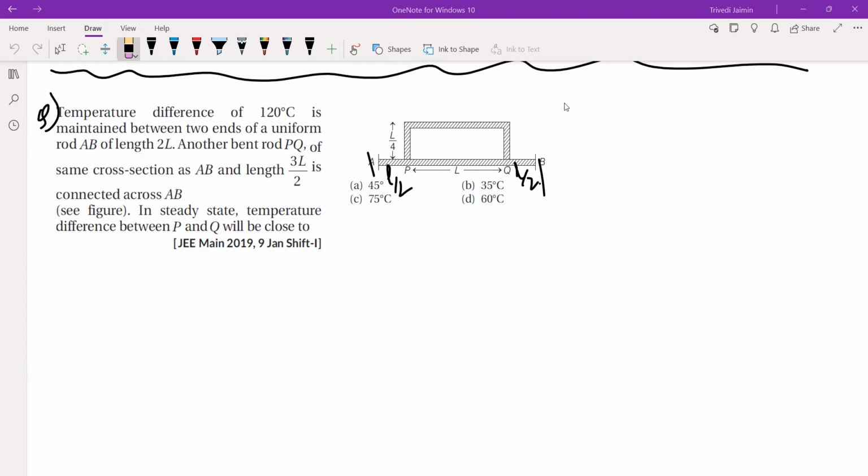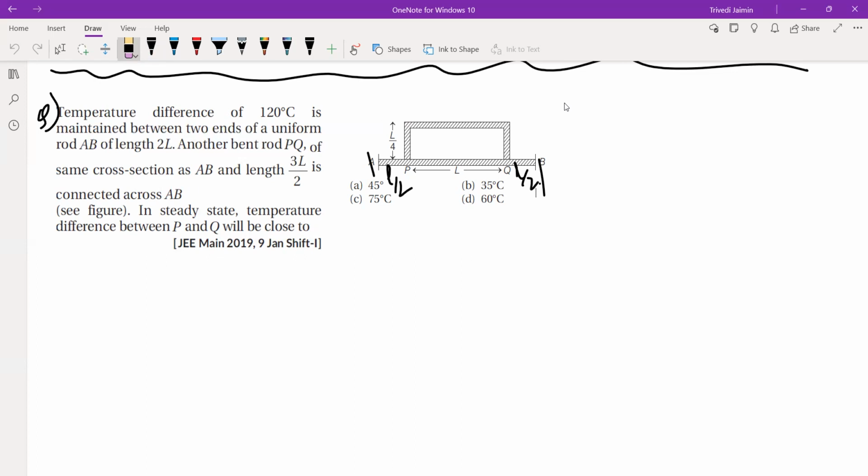Current temperature. So you can think here, P and Q. So what is P and Q?